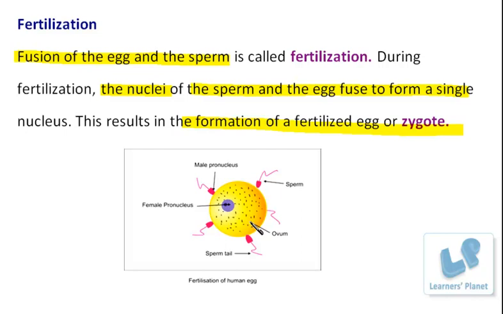There are animals in which the fertilization can take place inside the female's body, or there are organisms in which the fertilization can take place outside the body. So now let me explain what the different types of fertilization are and how it takes place.